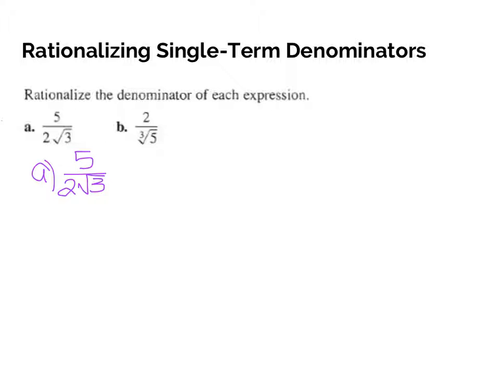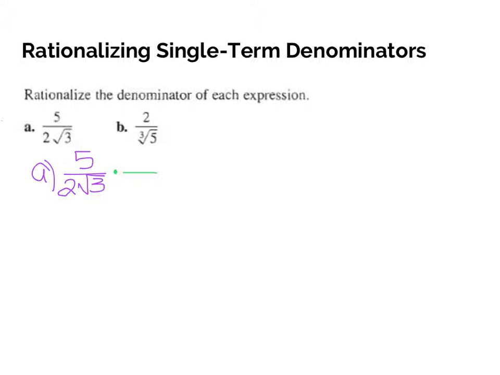We don't want to change what this expression means. We just want to change how it looks. So we will multiply it by a form of 1, because that won't change its meaning, but it will change how it looks.